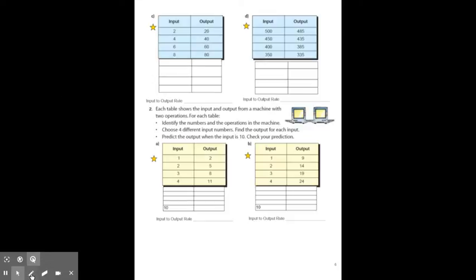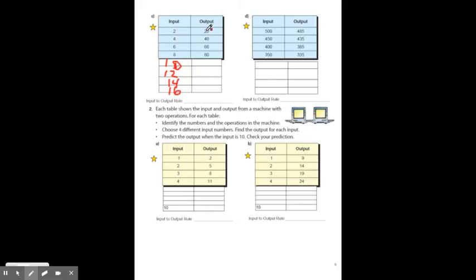So I can just put in 10, 12, 14, 16, right? Going up by 2s.